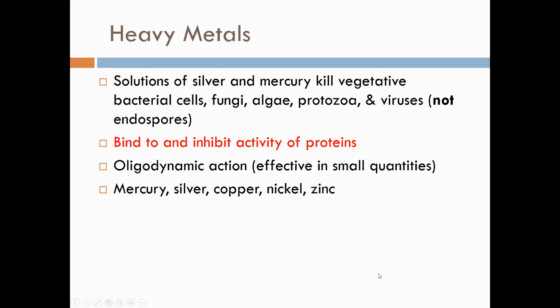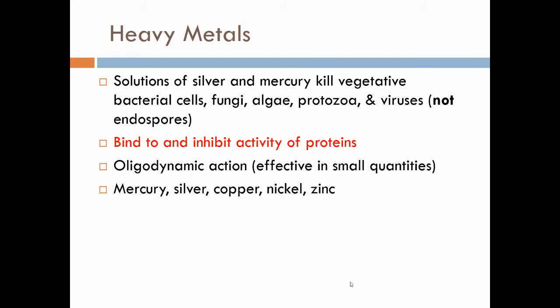Heavy metals. So a number of heavy metals, things like silver, mercury, copper, kill vegetative bacterial cells, fungus, algae, protozoans. I think anti-fouling paints on boats are anti-fouling because they contain mercury. They contain heavy metals. Some are moving more toward copper as a more environmentally safe option, but it's doing the same thing.